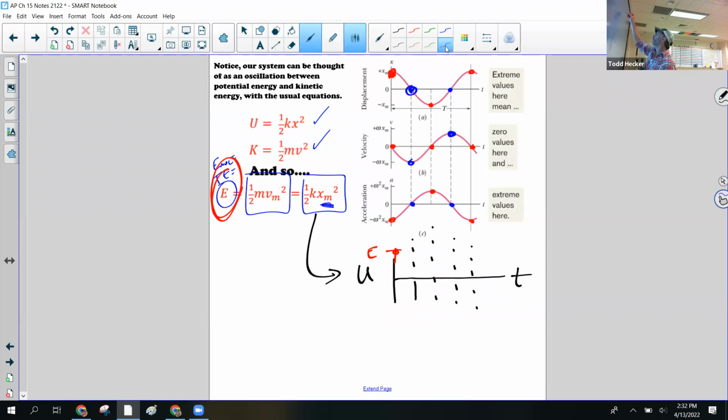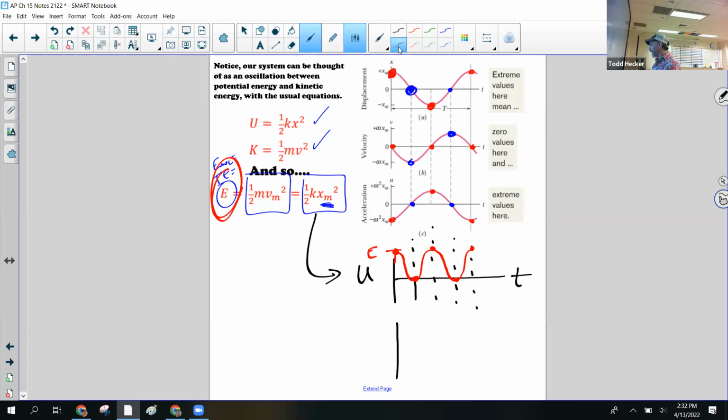Then when I get to here, my x is 0, which means my potential energy is going to be 0. Since x is squared, being here is the same potential energy as here. Then we're back down to x is 0, and then back to a maximum. So the potential energy graph looks like this.